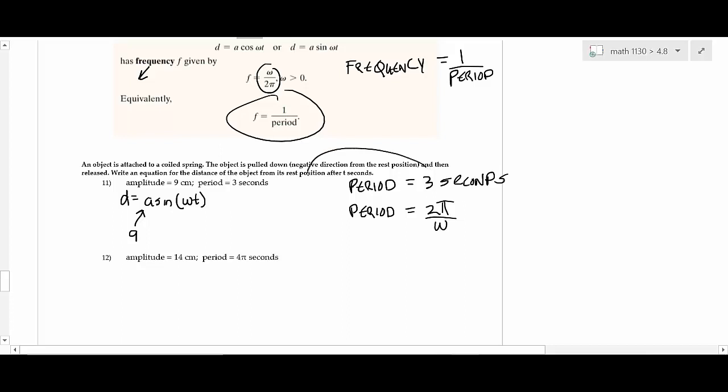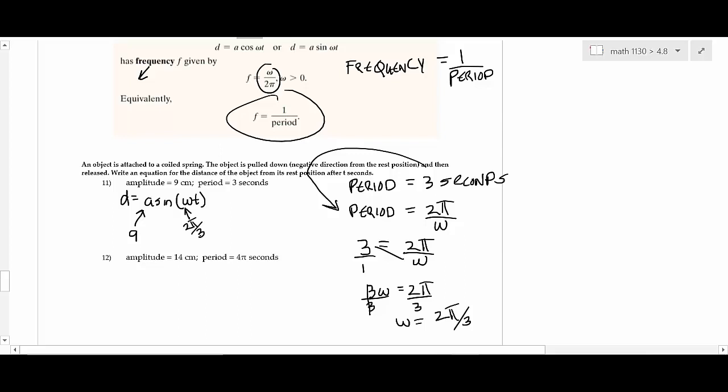You replace the period with 3 seconds, so 3 is equal to 2 pi over omega. Then you can solve that proportion by cross multiplying to find omega. So 3 omega is equal to 2 pi. Then divide by 3, and you get omega is equal to 2 pi over 3.